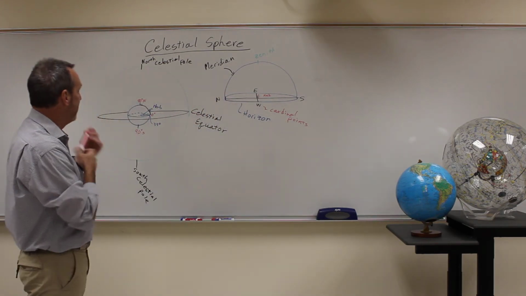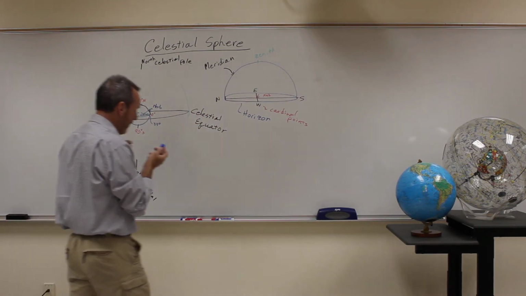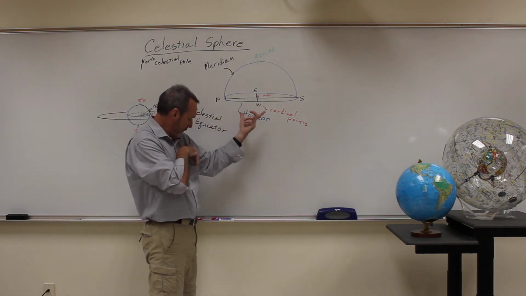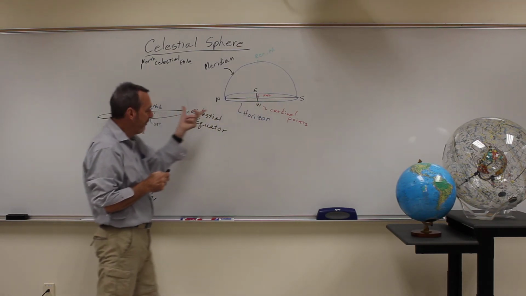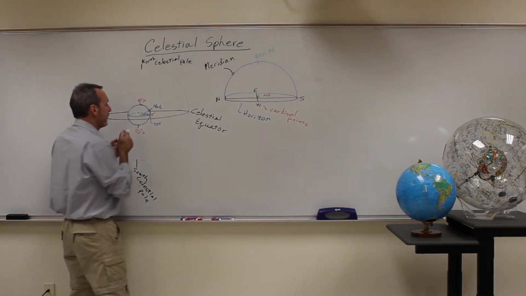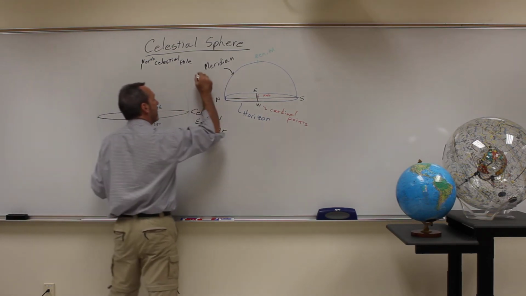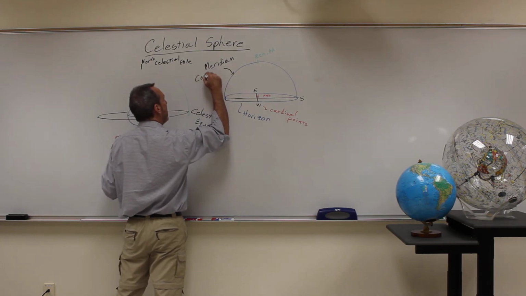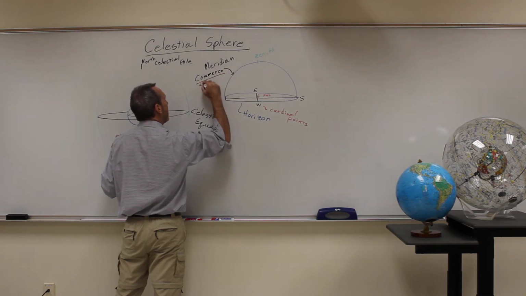All right, so what we need to translate is what we see here. How does that relate to this over here? Meaning, here's Herb. We're going to do this for Herb in Commerce, because what you see depends on where you are. Remember, Commerce has a latitude of 33 degrees north.